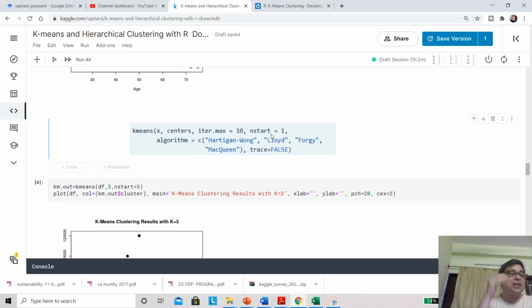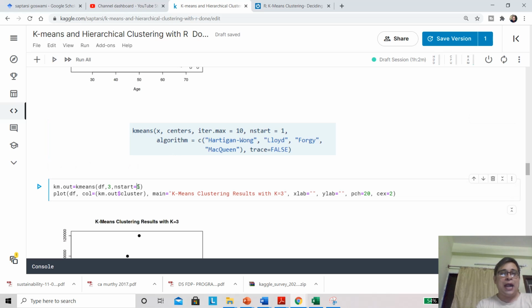You understood that in k-means, we choose the first k points randomly. If I run k-means another time, it will pick different points, and as a result the clusters can be different. So for different random selections, you get the clusters and you report the best cluster. Let us run this.